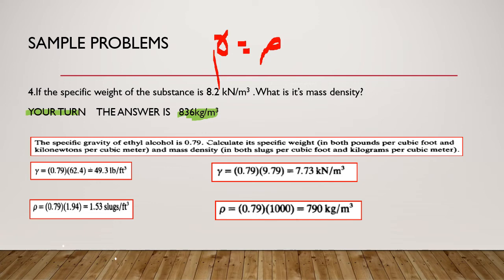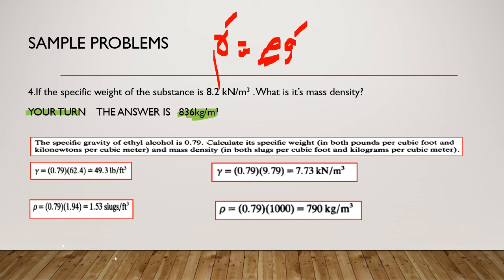O ano bang formulang involved din sa dalawang yan? The unit weight is equal to rho multiplied by g. O edi pagka nakuha natin yung alam natin to, alam din natin to, o edi mapapalabas natin ito. Alright? So, ganyan lang, 836 kg per cubic meter. It's your turn to answer.